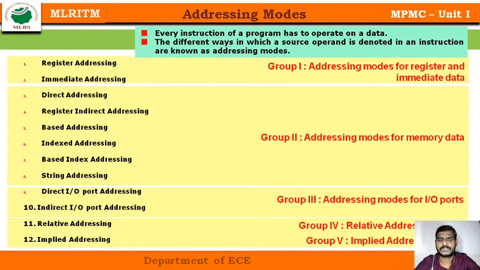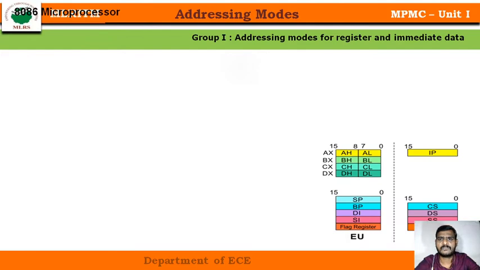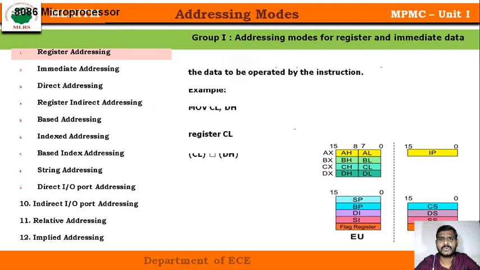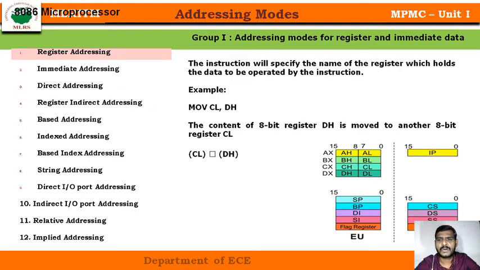Let's see in-depth details about these addressing modes and how they are defined, with some examples. Okay, let's come to the first group of addressing modes, which is called the register or immediate data addressing mode. The first addressing mode is the register addressing mode. In the register addressing mode, I specify my source operand within a register.